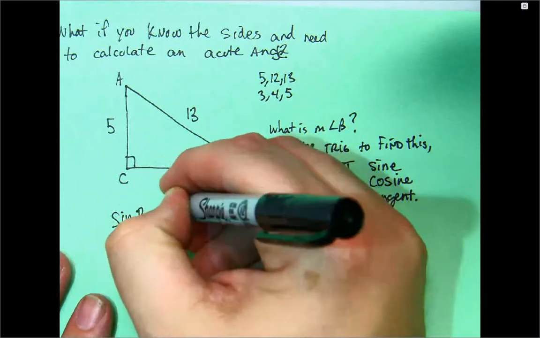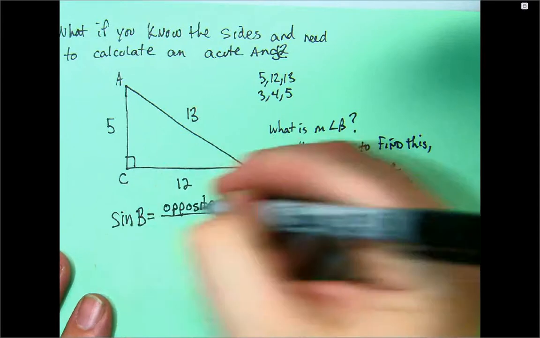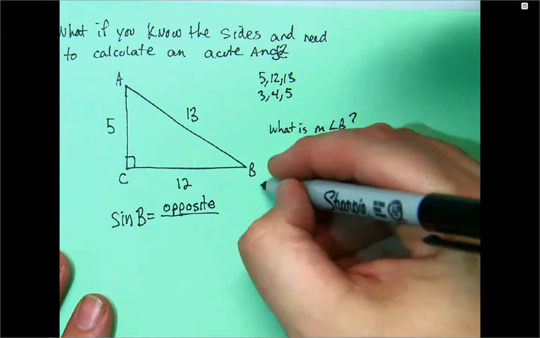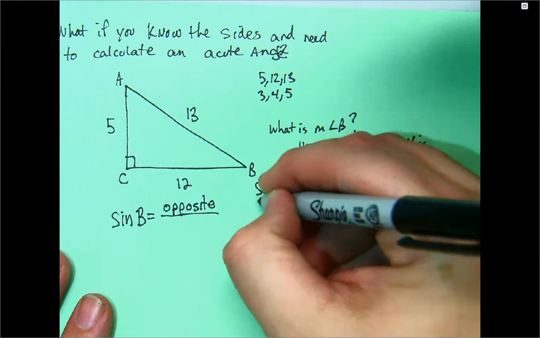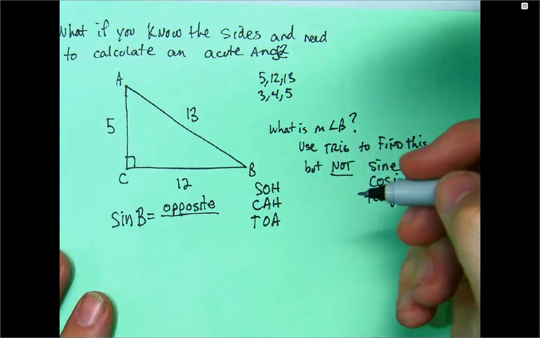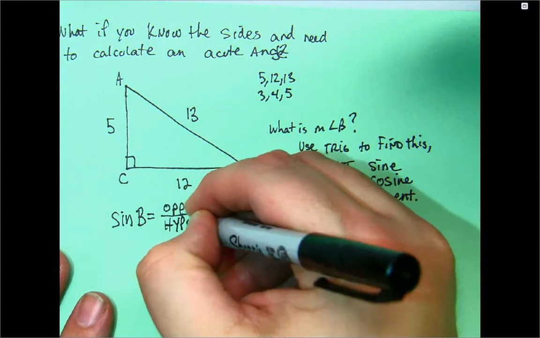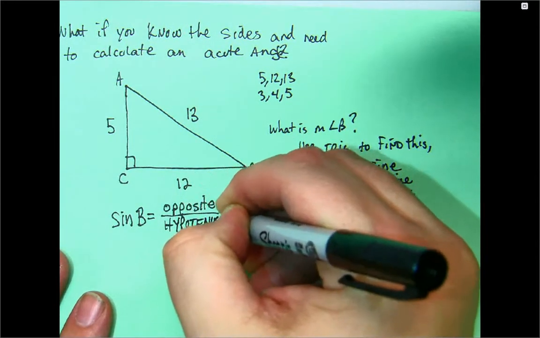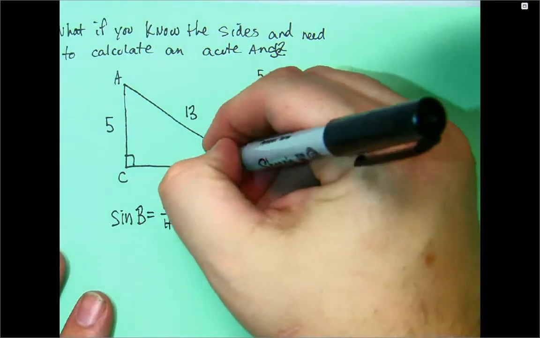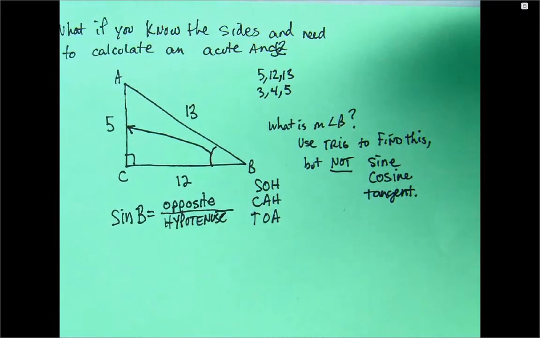Now, I know that the sine of x, or we'll say the sine of B, is going to be equal to the opposite side divided by what? Divided by the hypotenuse. So if I'm dealing with this angle, there's my opposite side.